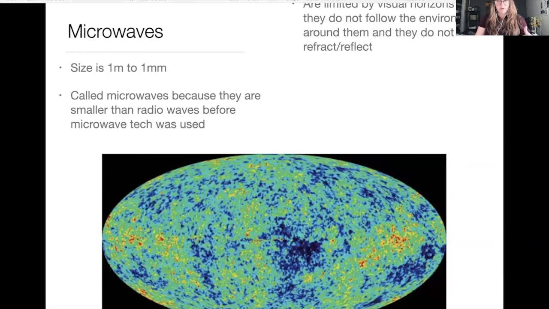Next, we have microwaves. If you haven't heard of a microwave before, you've probably heard about it close to your home. Microwaves are something that we actually use in a microwave oven to cook food.